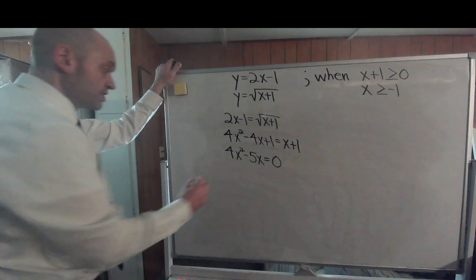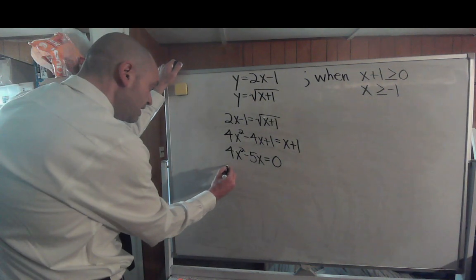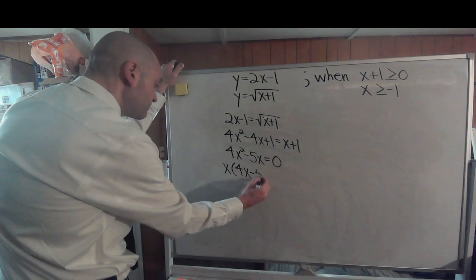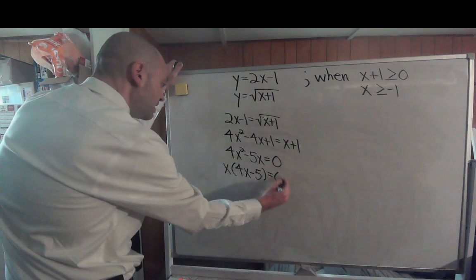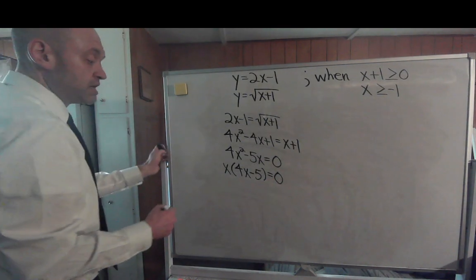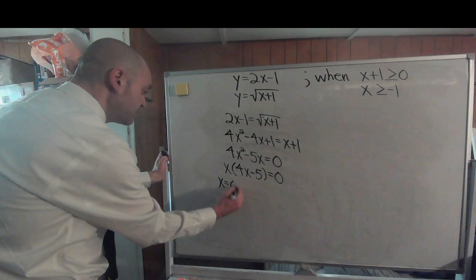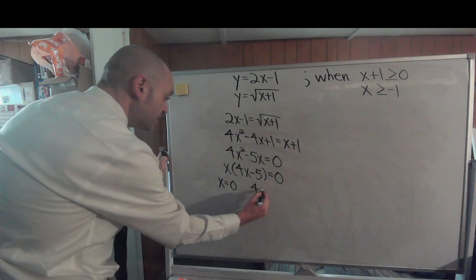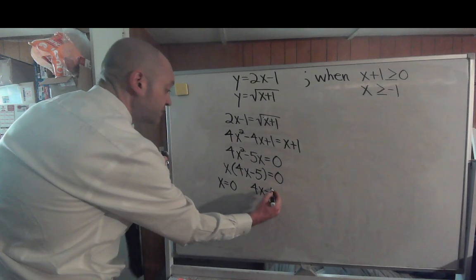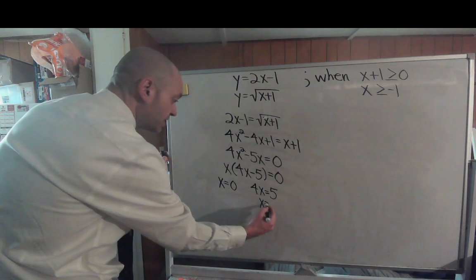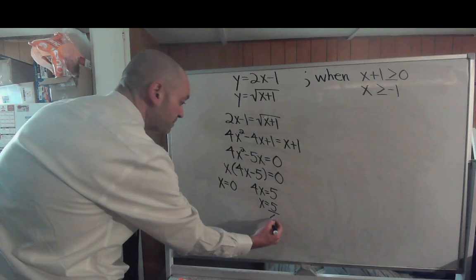Let's factor this: x times 4x minus 5 equals 0. So you should again have two solutions. x would equal 0, and then 4x equals 5, so x would equal 5/4.